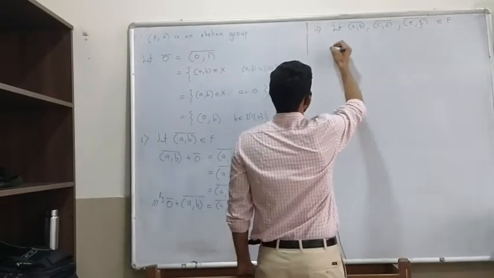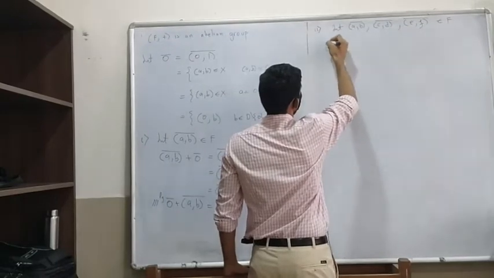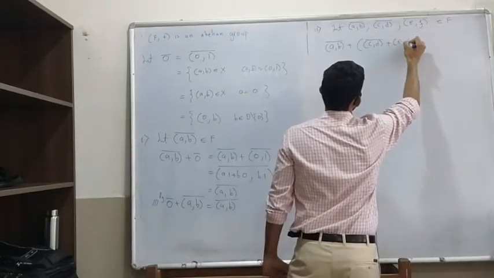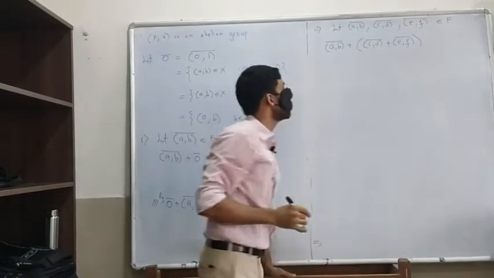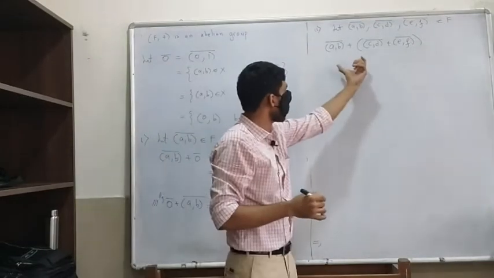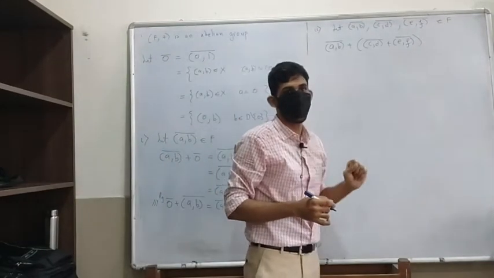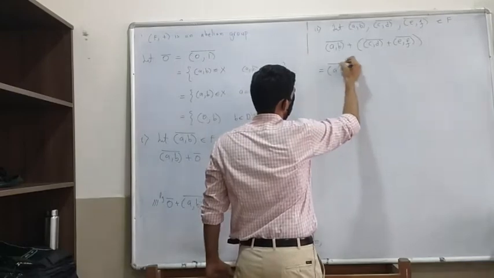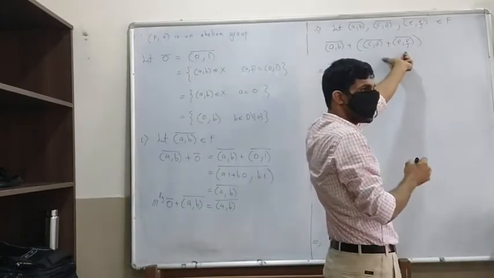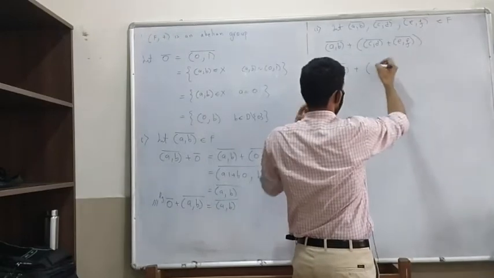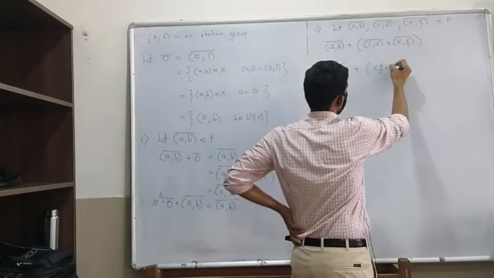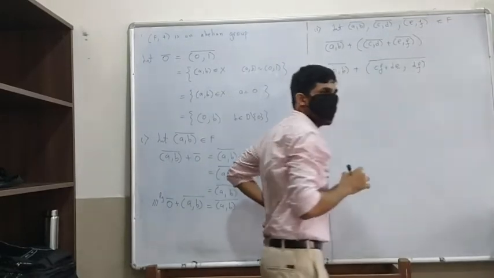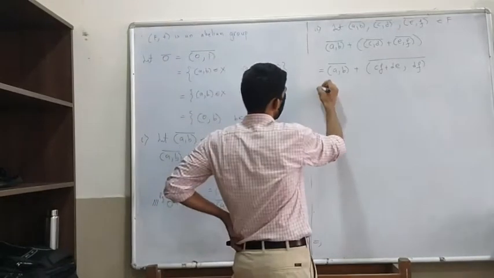I need to show that (a, b) bar plus (c, d) bar plus (e, f) bar is the same as first adding (a, b) to (c, d) and then adding it to (e, f). So adding the first two, what do you get? (cb plus da, bd) bar, right? And what do you get when you add these?